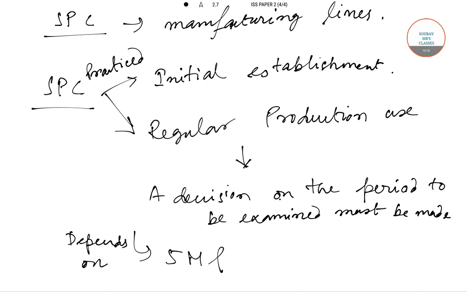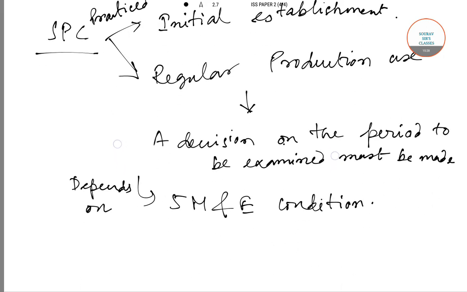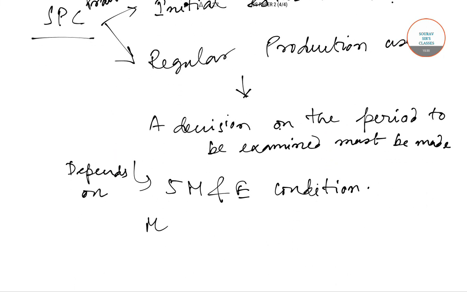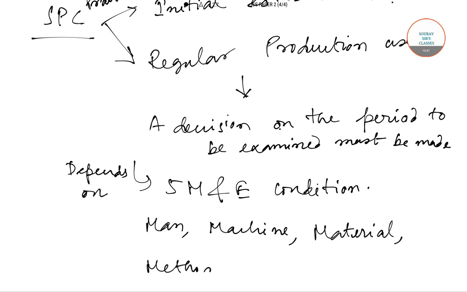You will be wondering what is 5M and E condition. I will be simplifying this term for you. 5M and E condition is nothing but man, machine, material, method, movement, and environment.